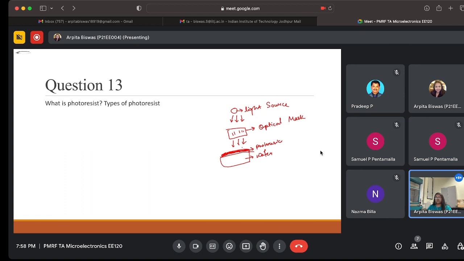Can we directly use the optical mask on the wafer? This is the wafer, and we want a gold electrode over it, in that portion.